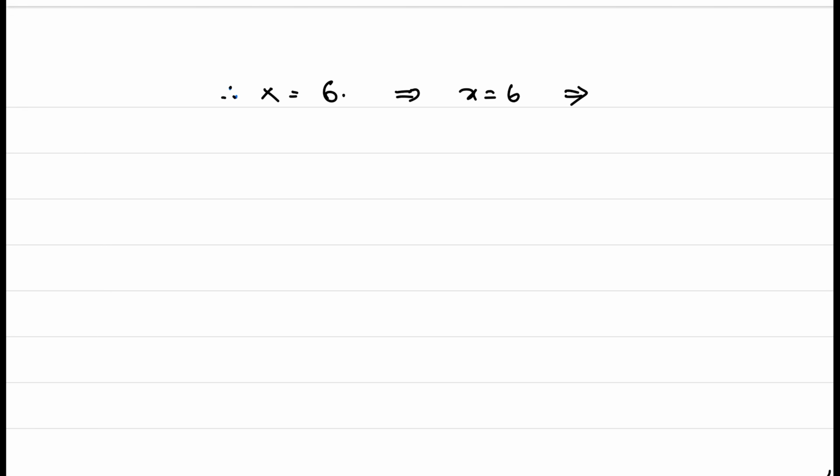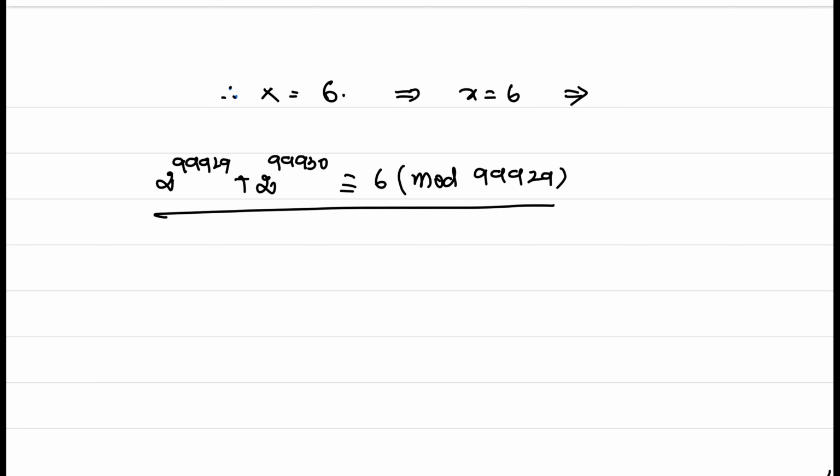That implies 2 to the power of 99929 plus 2 to the power of 99930 is equivalent to 6 mod 99929. Hence, x is equal to 6 is the answer.